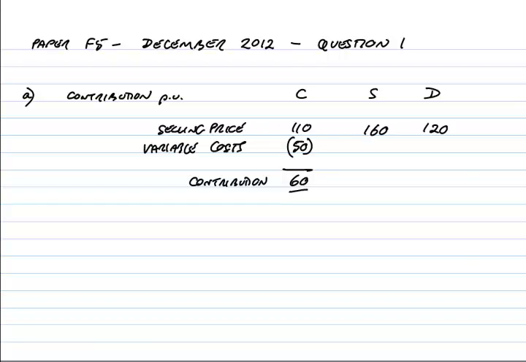For S, the costs 28, 50, 84, 104. Contribution therefore 56. And D, 16, 42, 64, 72, 92, 6, 12, yep, which is what? 28 per unit.